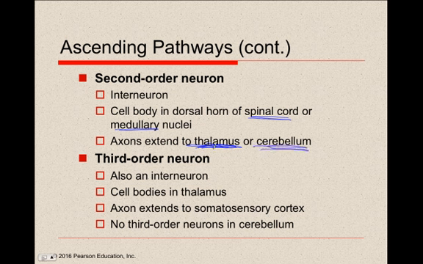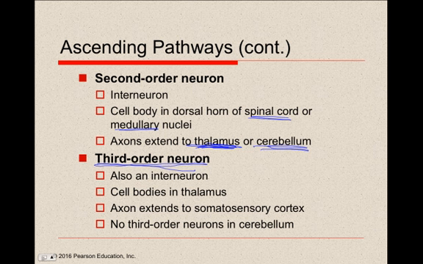And our second order neurons would end in the cerebellum. If this second order neuron goes to the thalamus, then it's very likely to synapse with the third order neuron in the relay. So again, the third order neuron is also an interneuron going between another neuron in the central nervous system and a neuron in the brain.